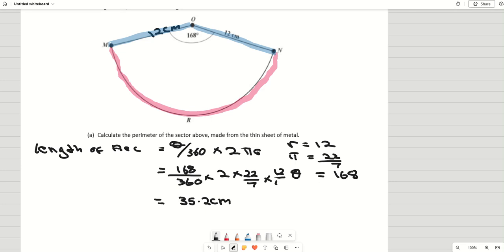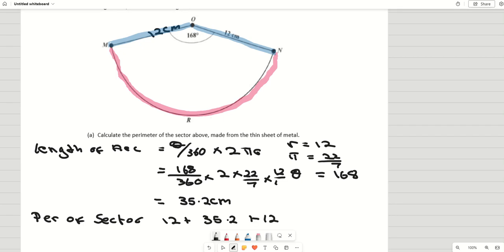Now that I know the length of my arc, the perimeter of the sector would be OM, which is 12, plus that arc, which is 35.2, and then the next 12.